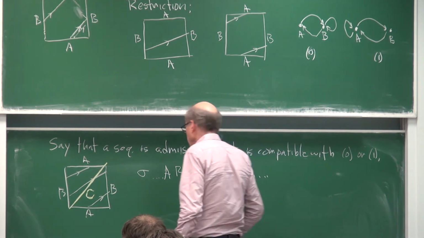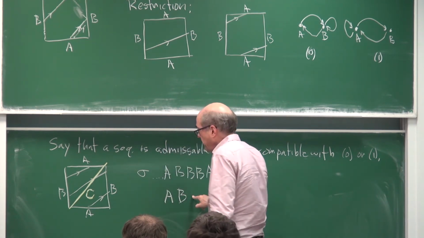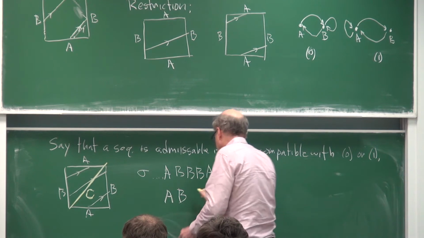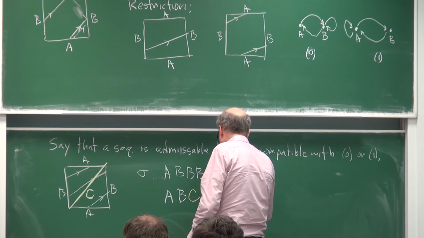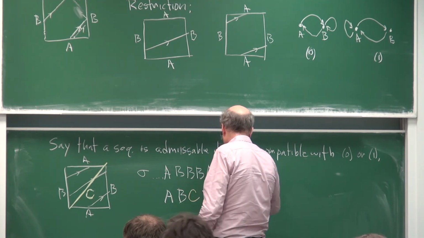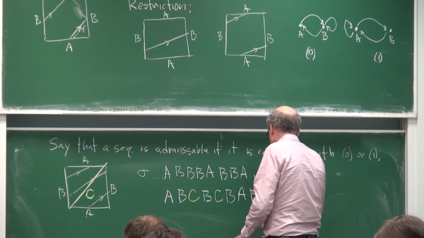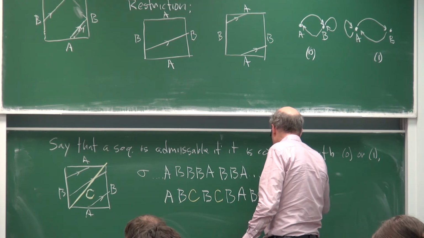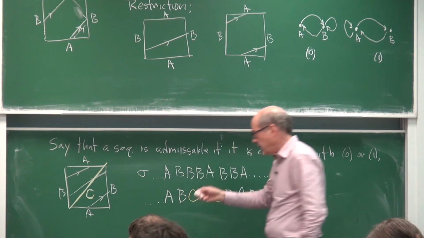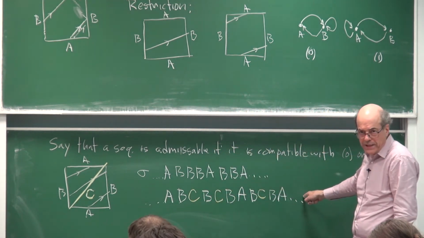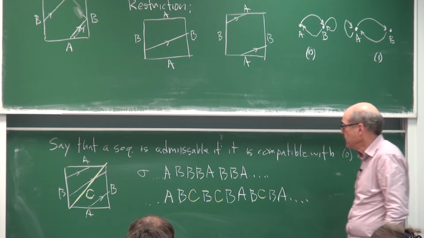I get an A, I get a B, and if I go from B to B, I really have to have a C in there. And again, going from B to B, I have to have a C. And then I get an A, and then a B, then a C, then a B, then an A. So I can deduce the 3-letter coding from the 2-letter coding. It's automatic.